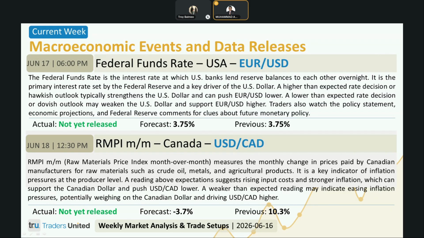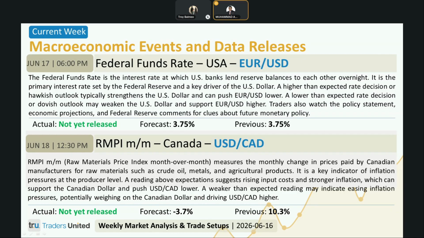It represents the rate at which United States banks lend reserve balances to each other overnight and is one of the most important drivers of global financial markets. The interest rate directly influences US dollar strength, bond yields, and global risk sentiment. As a result, it has a strong impact on the euro dollar currency pair.